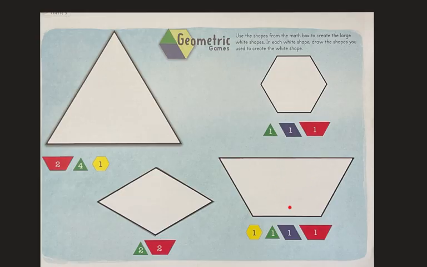And in this large trapezoid shape, you're going to use 1 yellow hexagon, 1 green triangle, 1 blue parallelogram, and 1 red trapezoid. Okay, go ahead and do those now. I would suggest laying out one to figure it out, draw in the shapes, and then move on to the next one. Push pause and do this page, then come back.